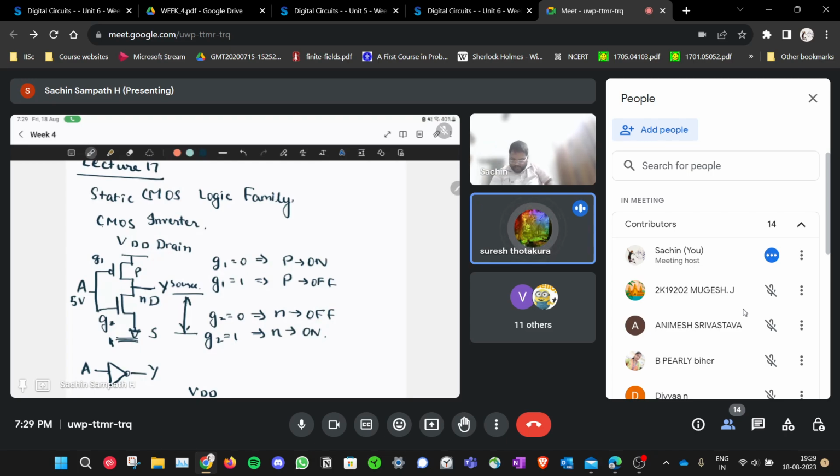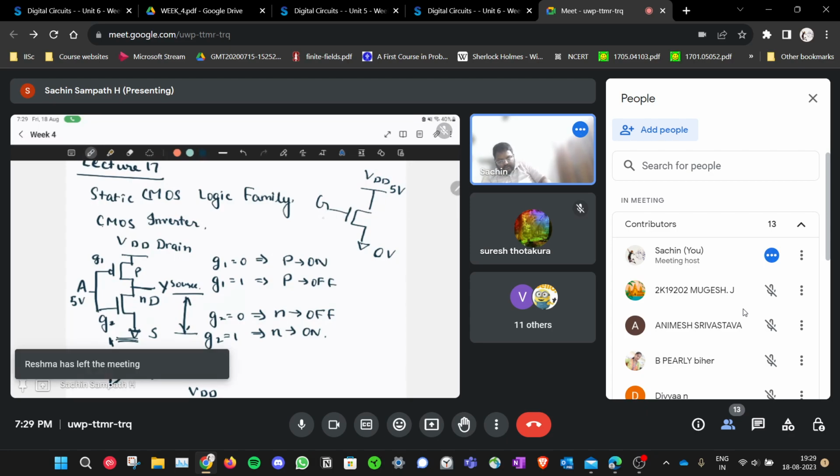So if you simply had an NMOS circuit, VDD, NMOS, then gate. This is at 0 volts, this is at 5 volts. In an NMOS, when you apply a positive input to the gate, let's say you apply 5 volts, then this 5 volts will attract electrons from this ground towards it.